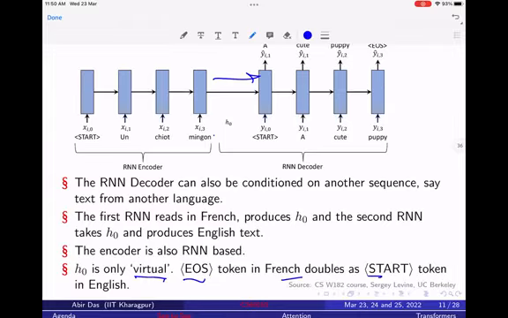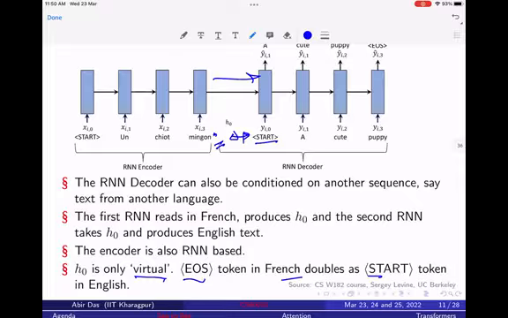After this, there is an end of sentence token, which can be thought of as the same as the start token in English. These are some few details that you take care of when you are implementing it. So the start token's position in, say, a one hot vector representation in English, and the end token's position in French, can be the same.